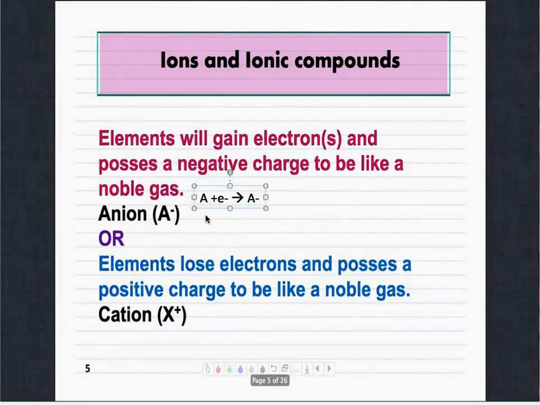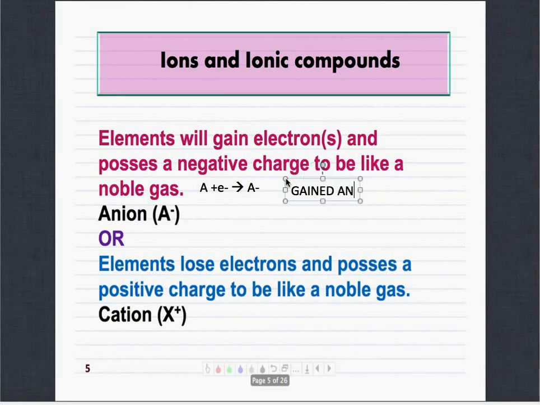I'm going to stop here and comment on one thing. This happens every semester. Whenever students see A minus, because it's human nature to think that minus means lost, they think that A lost an electron. It's not the case. Here it is A minus, which means A gained an electron. It has one more electron than when it is neutral.